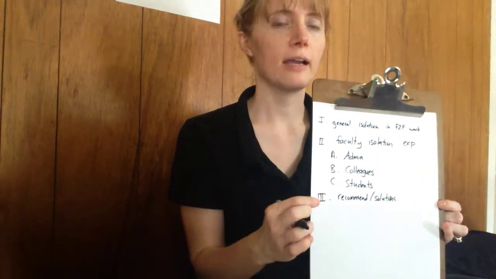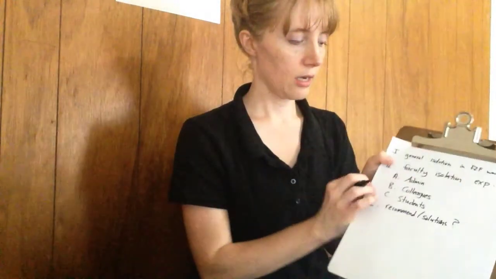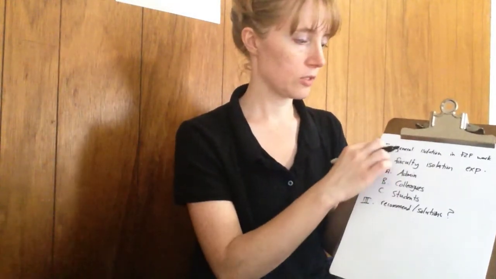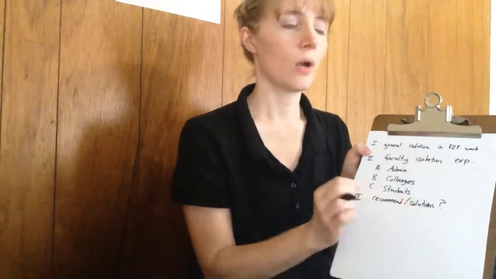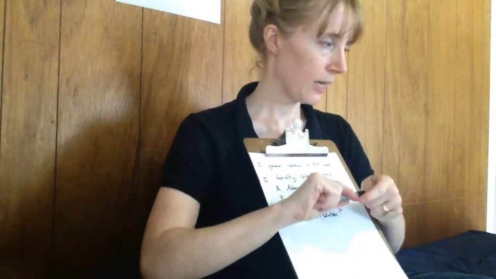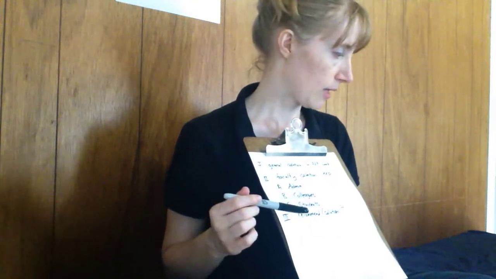So if I need more length, that's actually a logical place to put that, where we're starting with the general isolation and the faculty experience, and then what to do. I don't think that's super necessary to the direction I want to go with my paper, but if I need more length, that's definitely the way I can go.